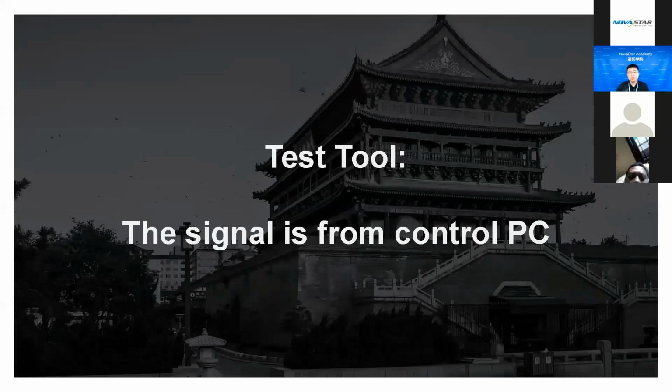For the test tool, the signal is from the control PC, from your graphic card. The test tool function is still very useful when we need to check if the LED is displaying pixel to pixel, and also to locate some abnormal cabinets or modules in the LED screen.